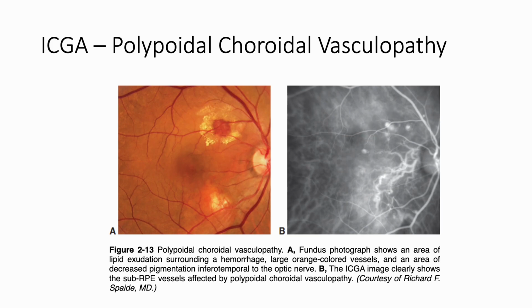Panel B shows the corresponding indocyanine green angiography image. In contrast to the fundus photograph, ICGA clearly delineates the abnormal sub-RPE vascular network, revealing the polypoidal lesions and associated branching choroidal vessels. This comparison highlights the strength of ICGA in visualizing choroidal vasculature and explains why it is the preferred imaging modality for diagnosing and characterizing polypoidal choroidal vasculopathy.